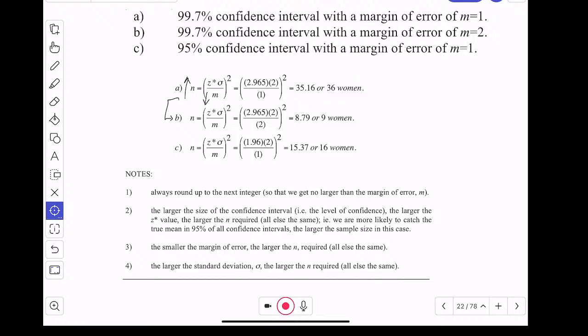So these are things you control. The z star and the m are things you can choose. The sigma you cannot. That's given. That's just reality. The z star and the m are up to you.